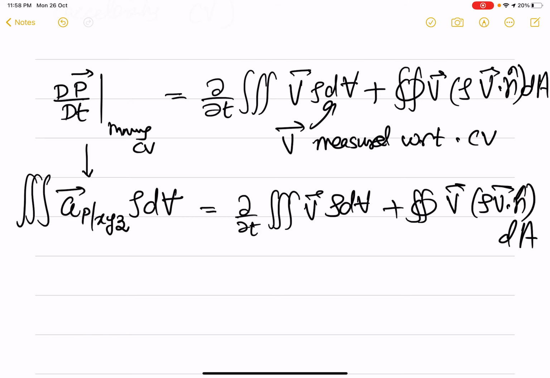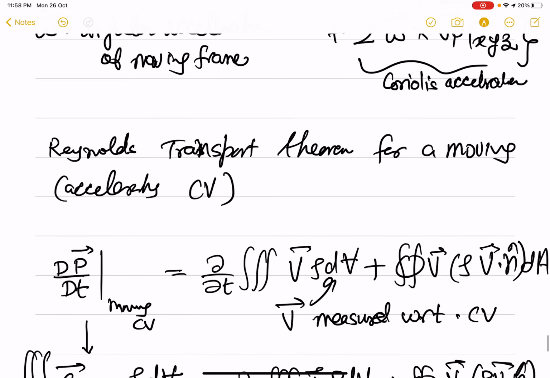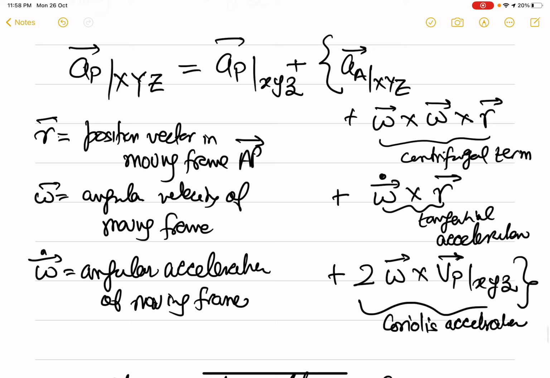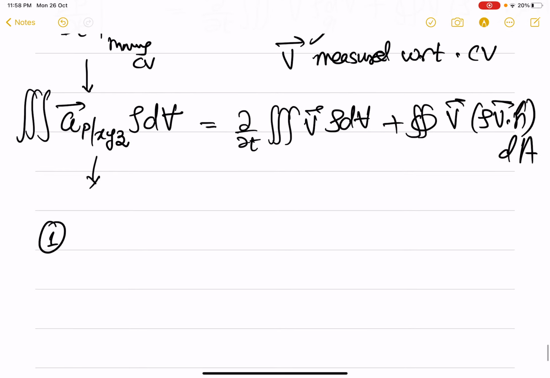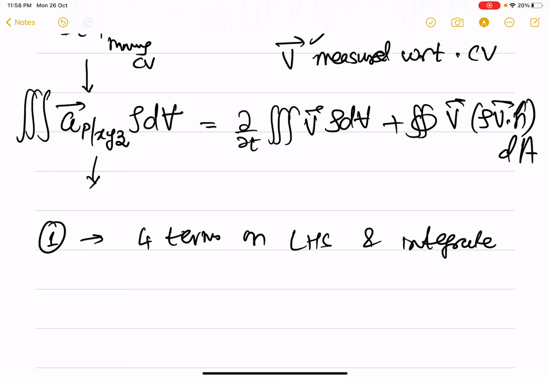Now this acceleration of P, I call this equation 1. Now I take the four terms of equation 1 on the left hand side, and we integrate over the entire control volume.